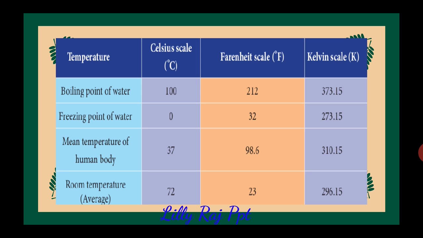Room temperature, the average room temperature in Celsius is 72 degree centigrade, and in Fahrenheit scale 23 degree Fahrenheit, and in Kelvin scale 296.15 degree Kelvin. So you have to know the variation between the temperature of different scales.